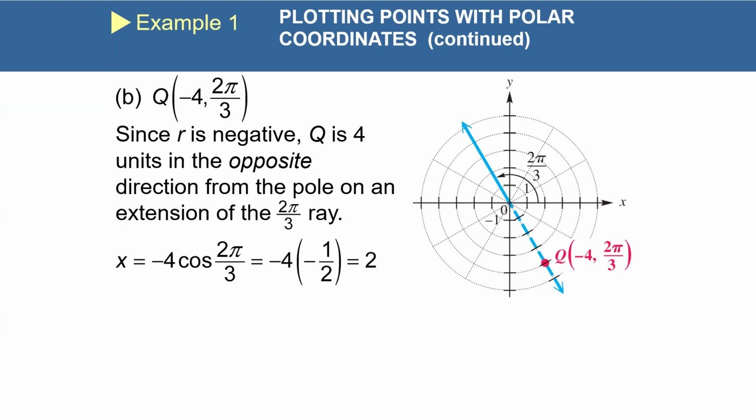So think about it as if I took the absolute value of r, it would be 4, right? And if I'm using the absolute value of r, then I would use the value of the real angle with the reference of 2 pi over 3, and I would still end up with a positive 2. So you don't use the 5 pi over 3. You're using the values of 2 pi over 3.